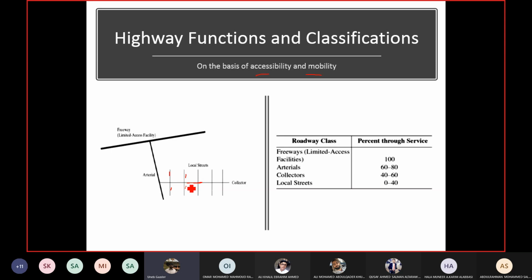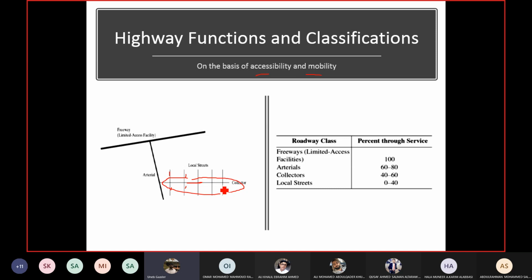Now where are these connections happening? They are happening at intersections, or even if there are no intersections, there are people coming onto this road from all these points. So when people are coming in and going out from all these points, either through intersections or otherwise, what does that mean? Your mobility will be less.